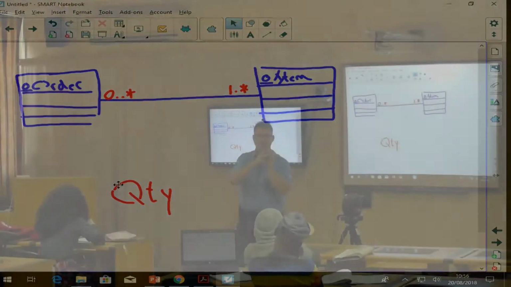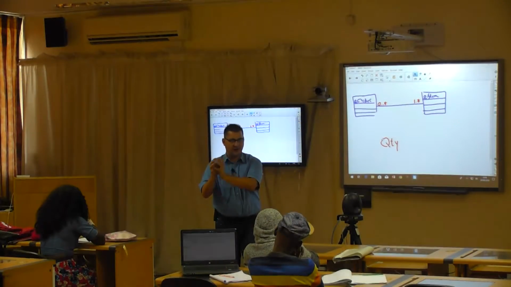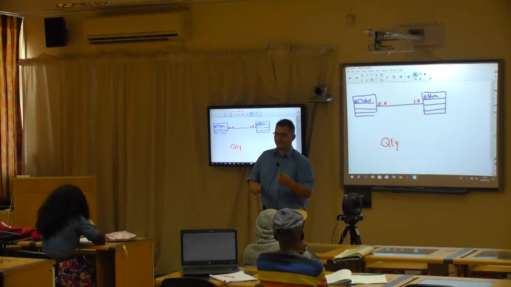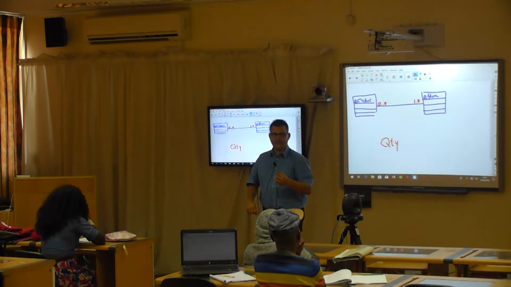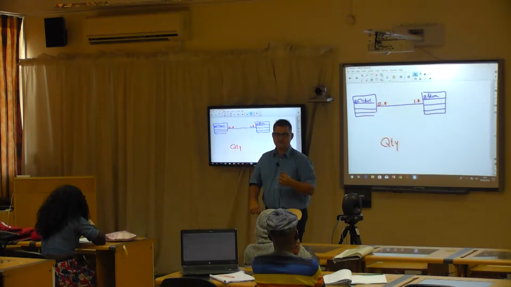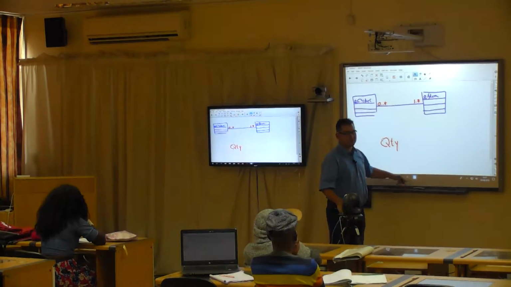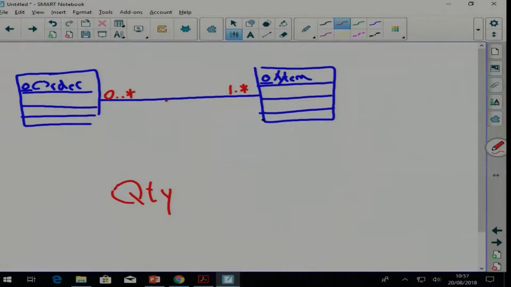Is it part of the order? Is it part of the item? Does it belong in either one of the two? Keep in mind that this is a many-to-many relationship. What do we see with many-to-many relationships? You remember this guy?